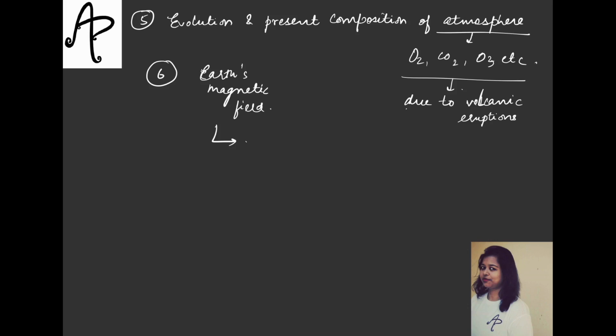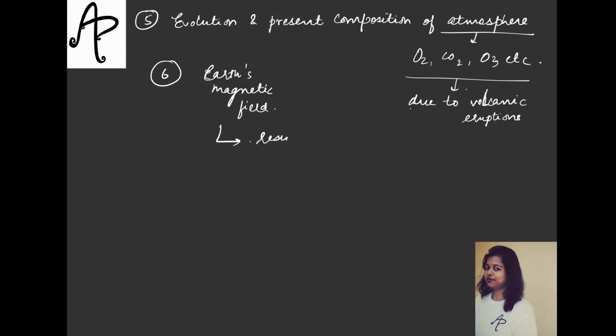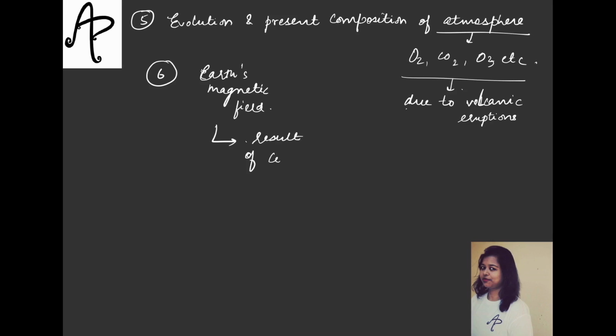And this magnetic field is the result of convectional currents in the outer core of earth. So therefore it is very much important, and core is a component of earth's interior part only. वो तीनों में ही count हो जाएगा, one of the layers.